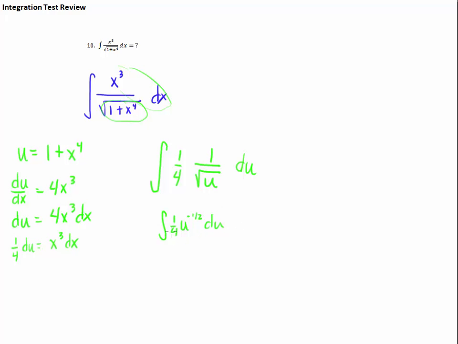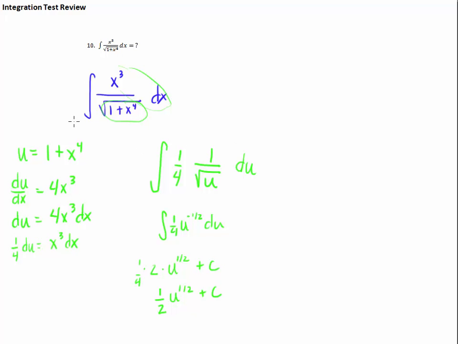So now I can take the antiderivative of that a lot more easily. It's going to be u to the positive 1/2 times the reciprocal of my new exponent, so that's 2, times what I had out in front to begin with, 1/4, and then don't forget the plus c. So I've got 2/4, which is 1/2 u to the 1/2 power plus c.